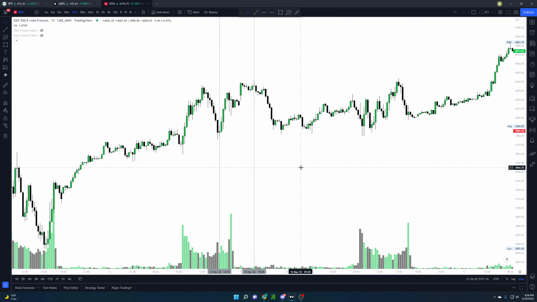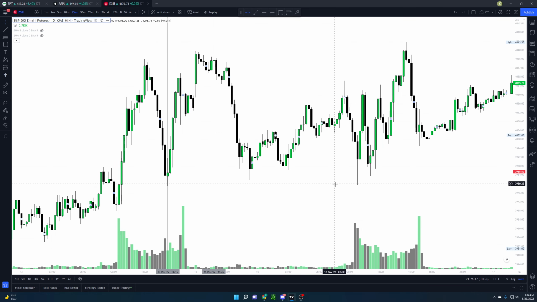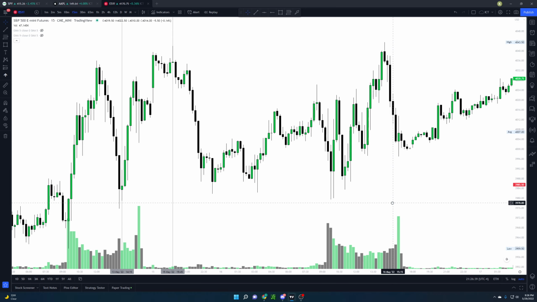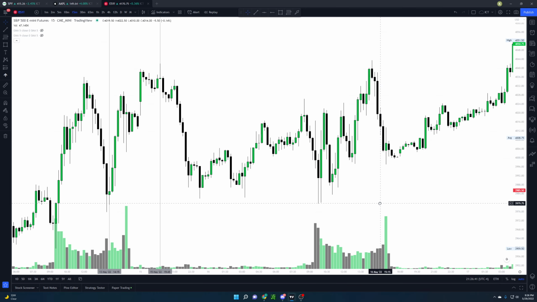So me personally, I like to look to the left, because oftentimes, let's say this candle here, this is a candle that's followed by a large move up.